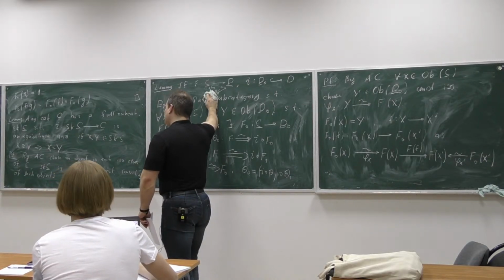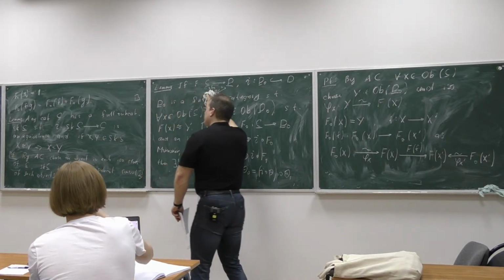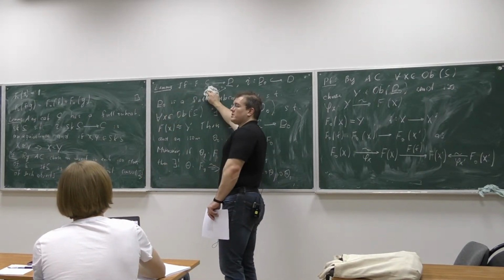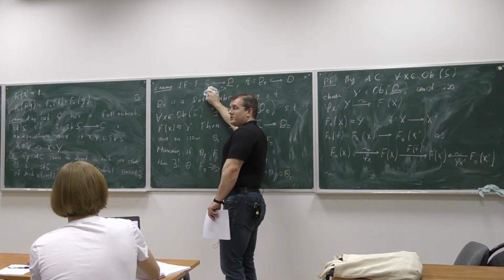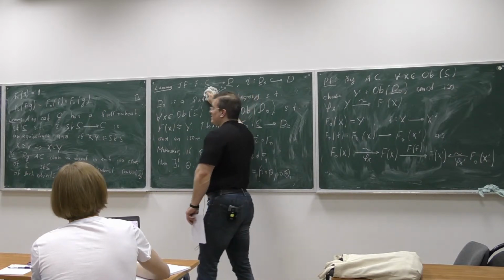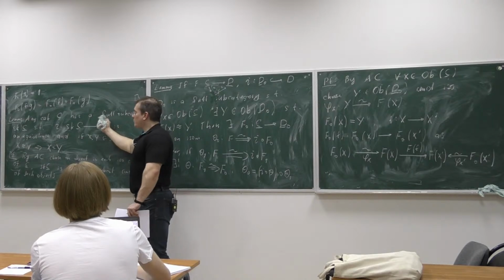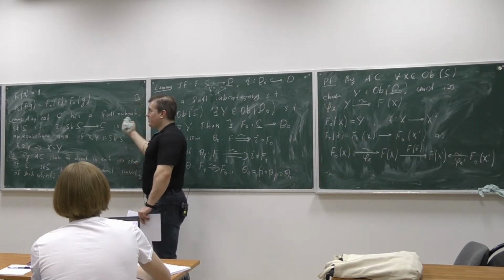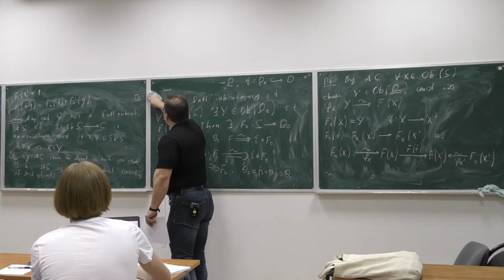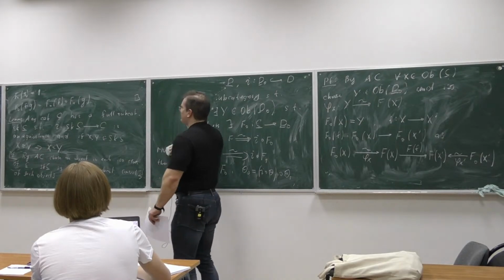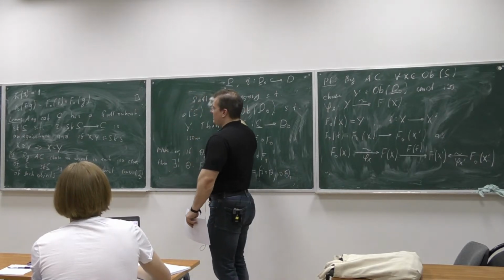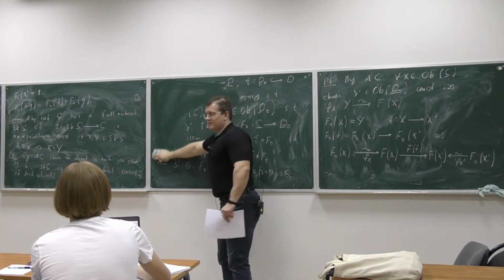So the problem is that isomorphism classes are not necessarily a set. So for example, you can say that we work with small categories, and a small category means that the objects in the category form a set. Then there are no problems. Otherwise, you need to say in what sense the axiom of choice is meaningful for a class, not for a set.